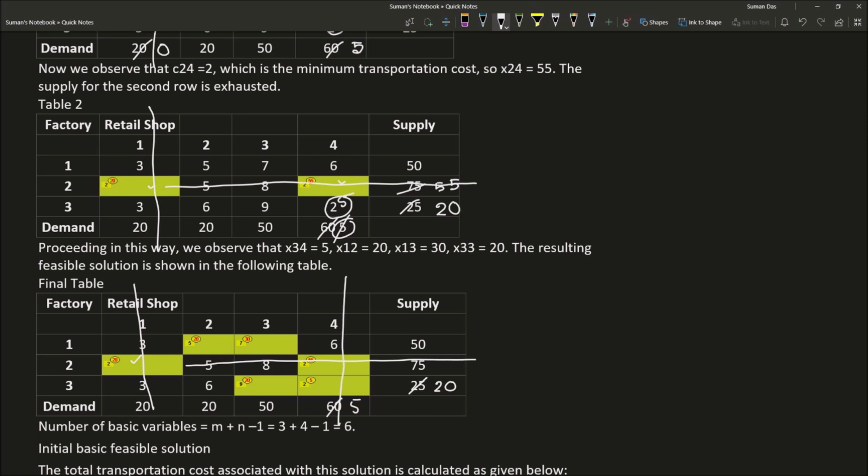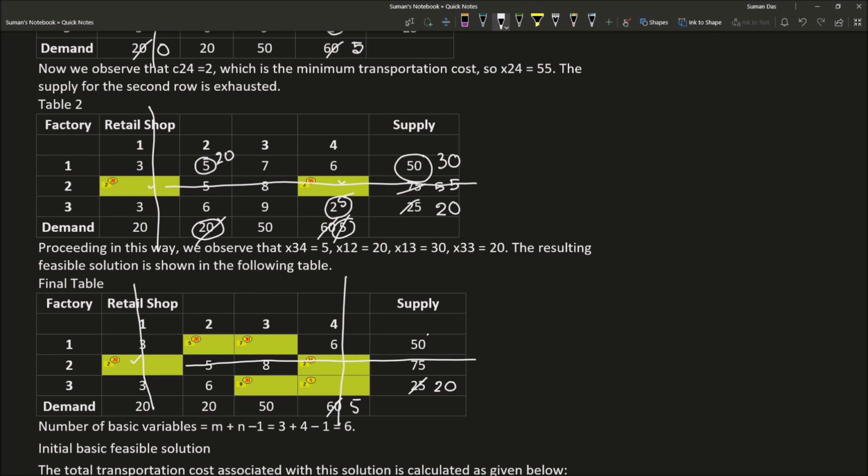So we proceed to the next lowest cost value cell, and it is 5. Here the demand value is 20 and the supply value is 50. So we allocate 20 here and that becomes 30.